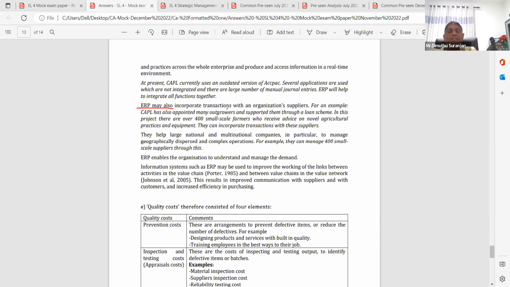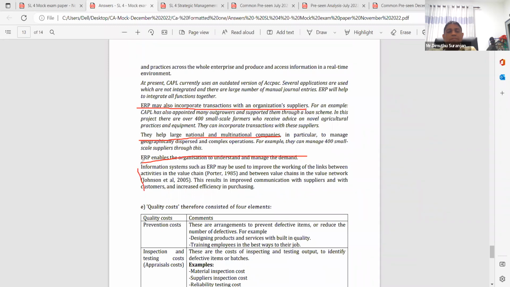Next advantage: they have more than 400 suppliers, so ERP can help them do transactions with these suppliers. Next advantage, it helps large national and multinational companies. For example, they can manage the 400 local suppliers, and manage the demand.